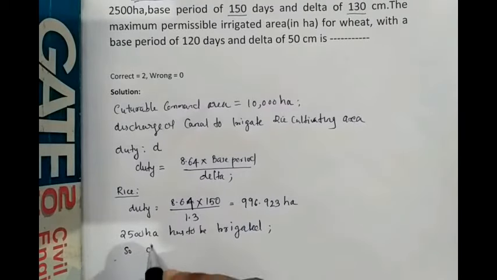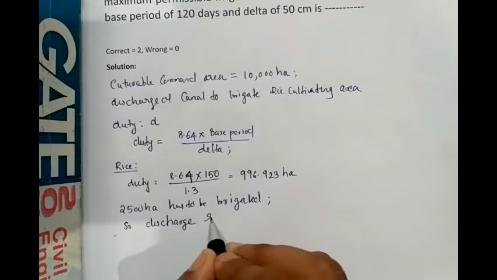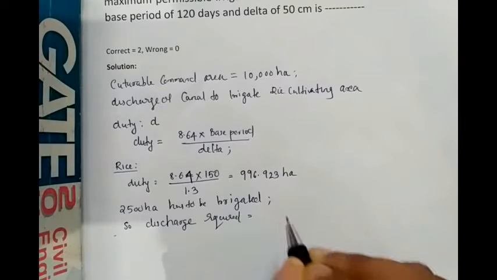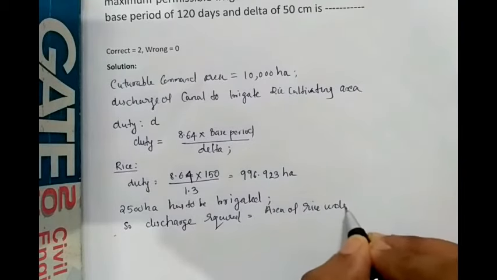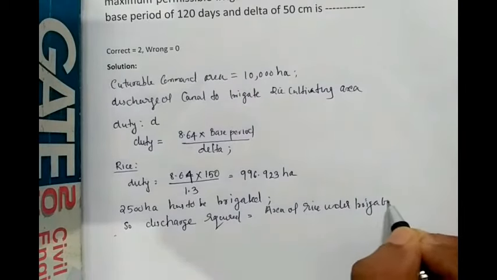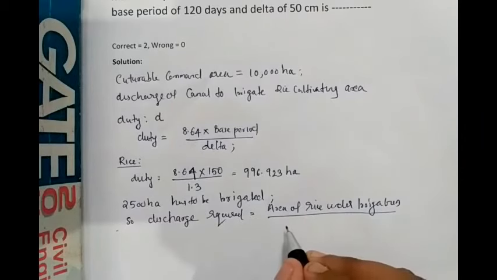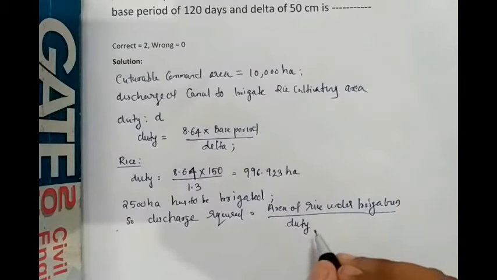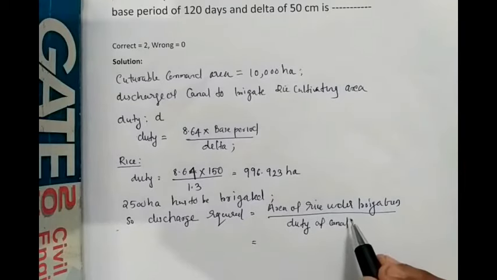So the discharge required is equal to the area of rice under irrigation divided by the duty of the canal, that is, the area that can be irrigated with unit discharge.